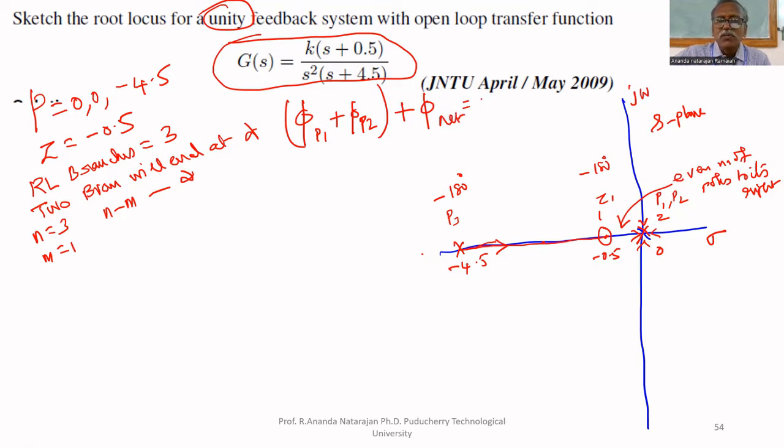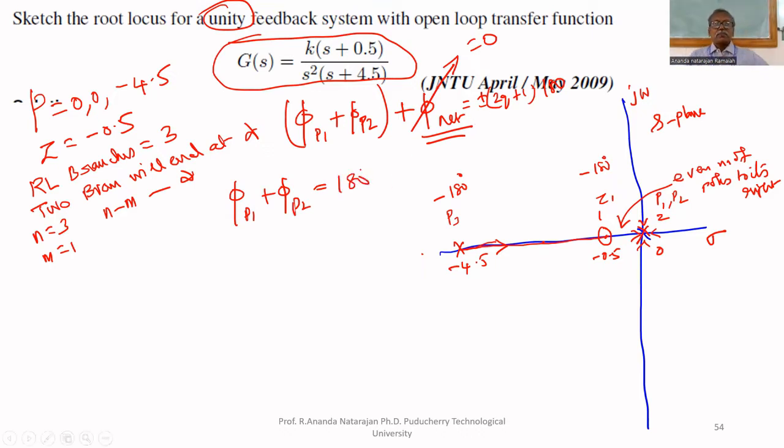It must be equal to plus or minus (2q plus 1) multiplied by 180. Therefore, phi P1 plus phi P2 equal to 180 degrees. For q equal to 0, you will get 180 degrees.